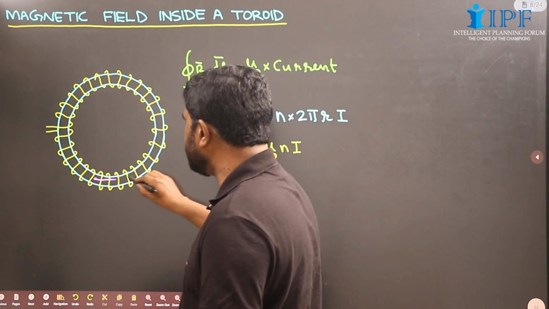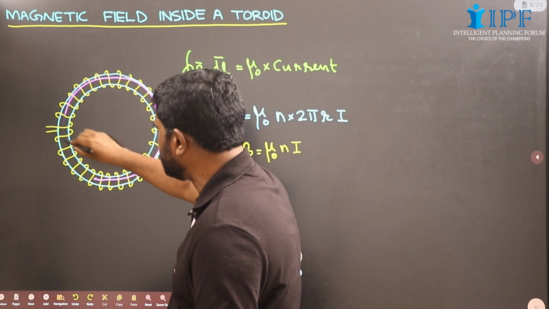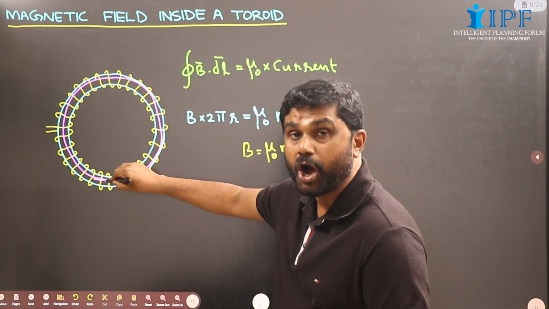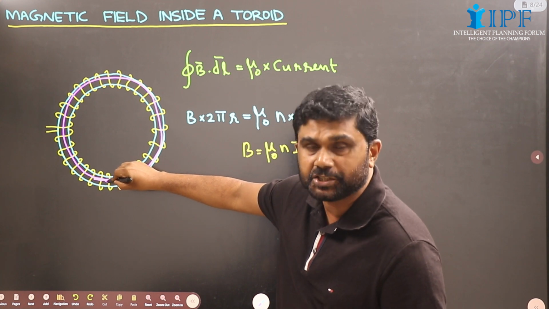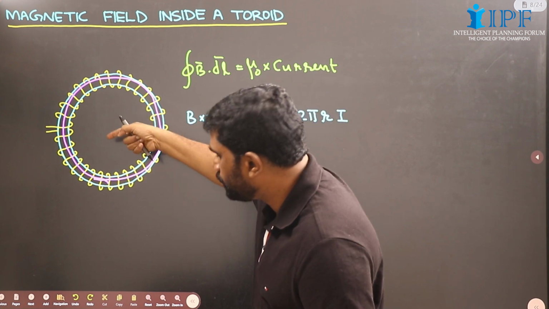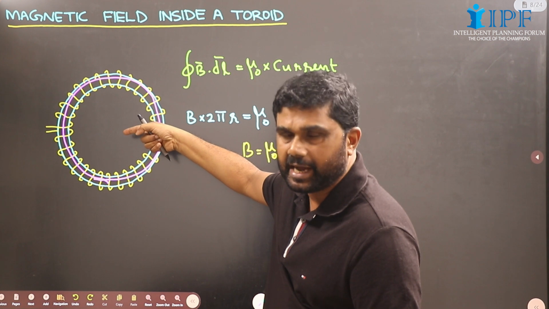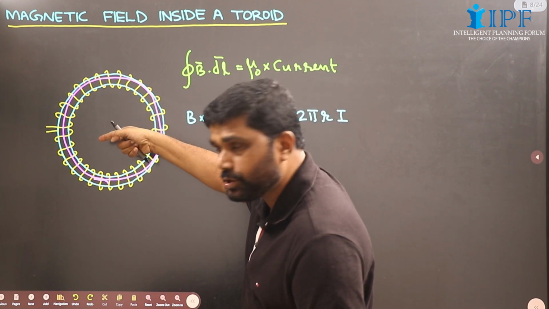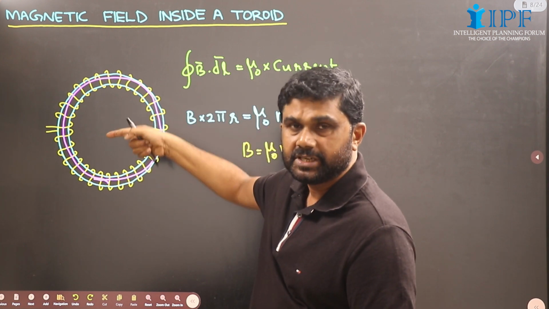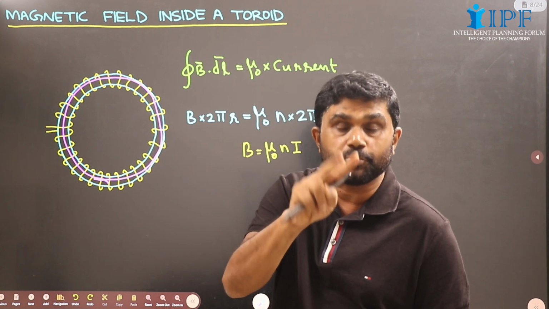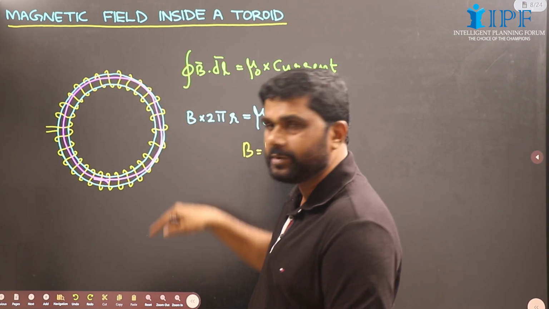See, if this is the closed path, then how many wires will be threading through it? As one turn goes like this, it carries a current I, and when another turn goes, again current I. There are small n turns per unit length, and the total length will be 2πr.